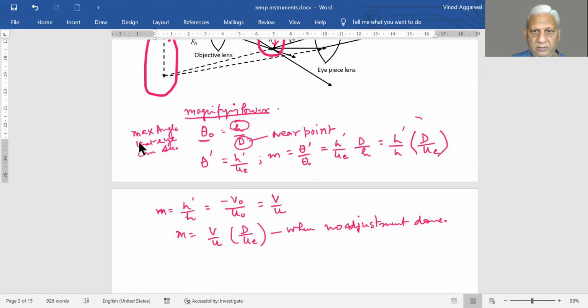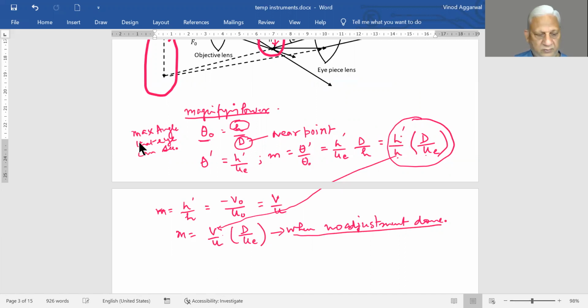So this magnification, which was defined here, we bring it here: h dash by h we replace by V by U, and this is as it is. So this is the magnification when there is no adjustment.